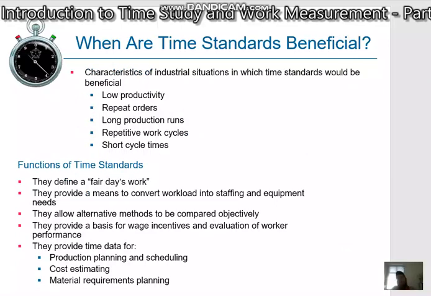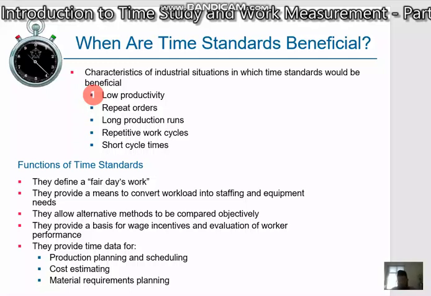So why are these time standards beneficial? How does an organization know whether it needs time standards for its operations? The following characteristics are typical of industrial situations in which time standards should be beneficial. I will highlight several of them. For example, low productivity.